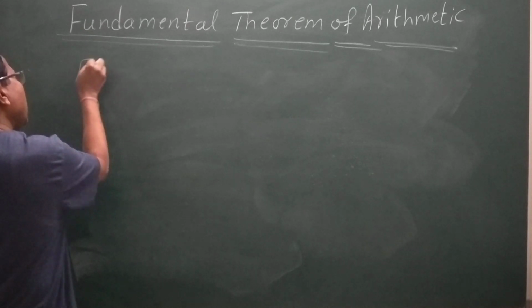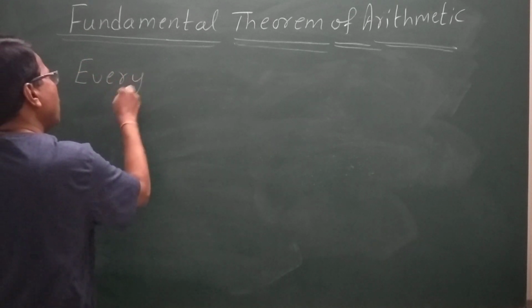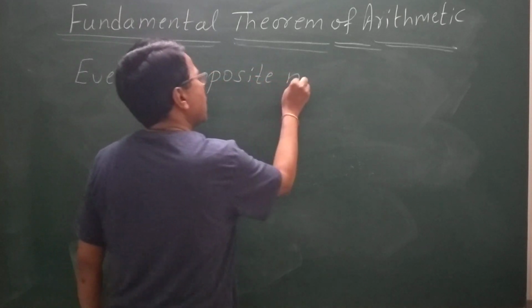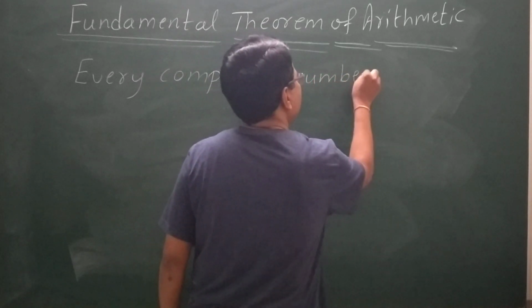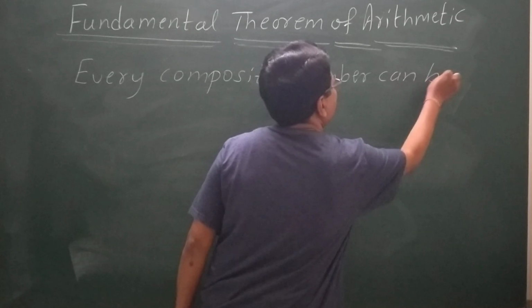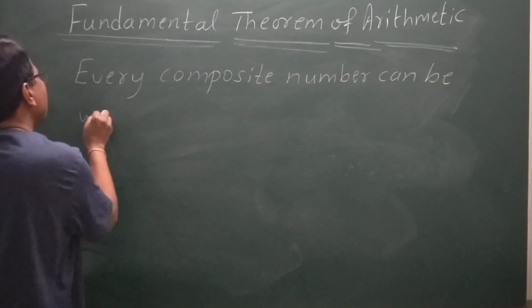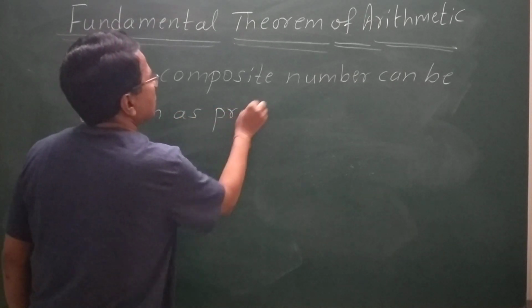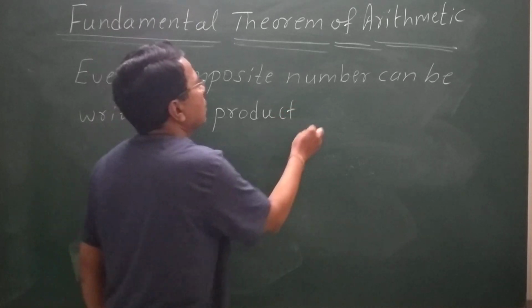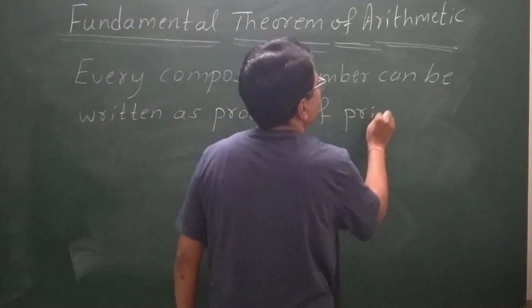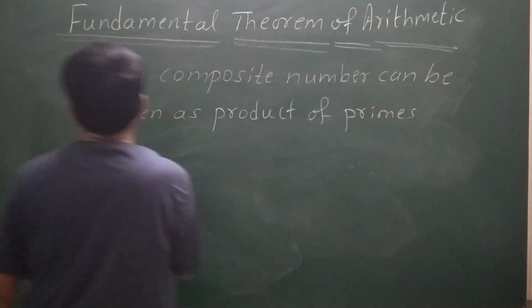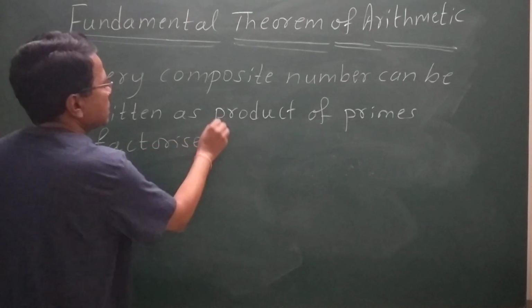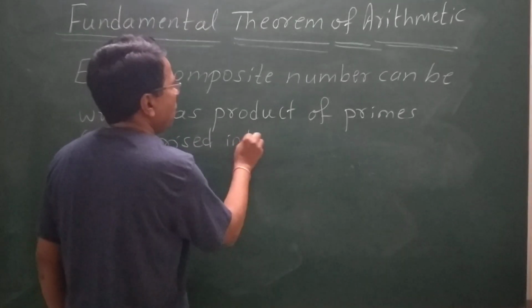Every composite number can be written as a product of primes, in brackets, can be factorized into primes.